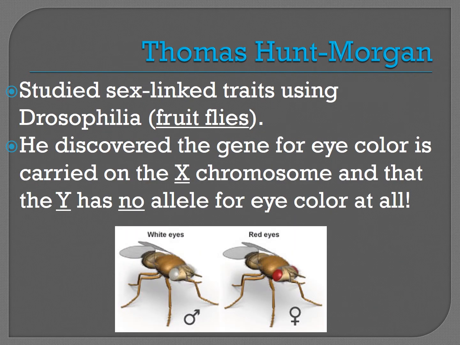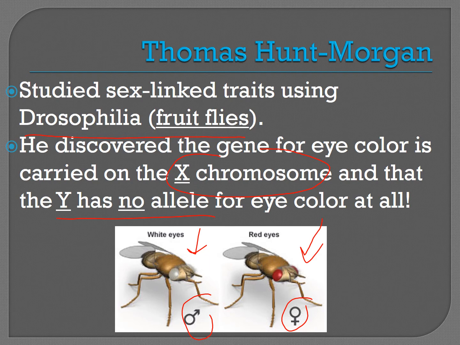So Thomas Hunt Morgan basically studied this, and he studied fruit flies. He discovered that the gene for eye color is on the X chromosome, and Y doesn't have an allele for the eye color at all. So with that being said, this is your boy and this is your girl, female, if you know the symbols. The girls have red eyes.